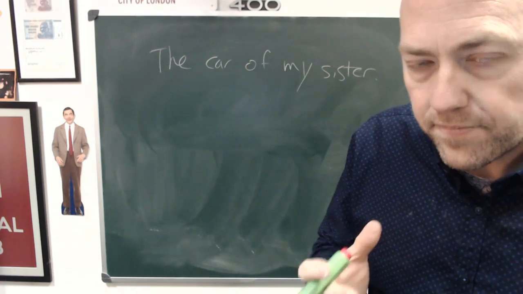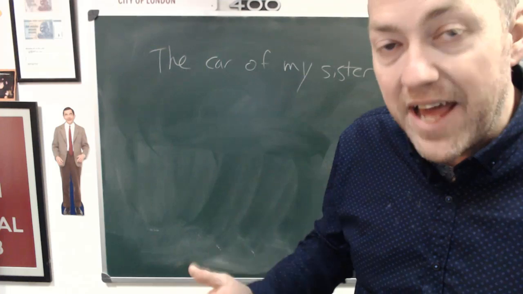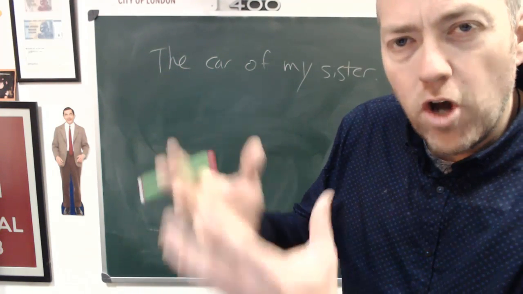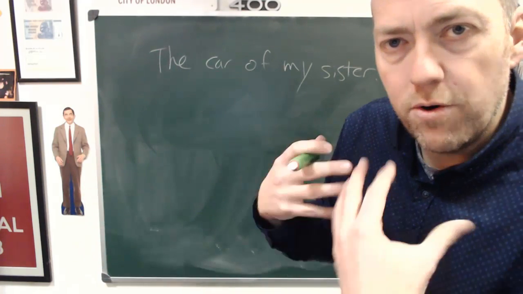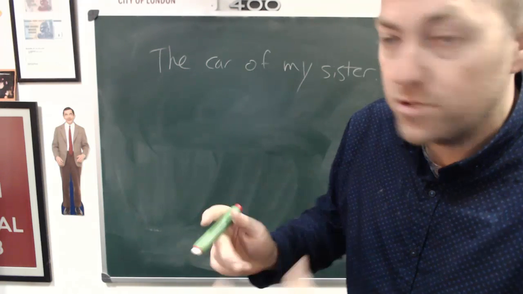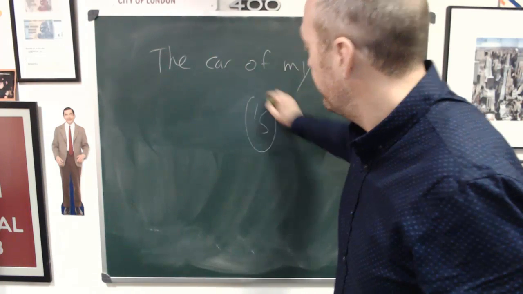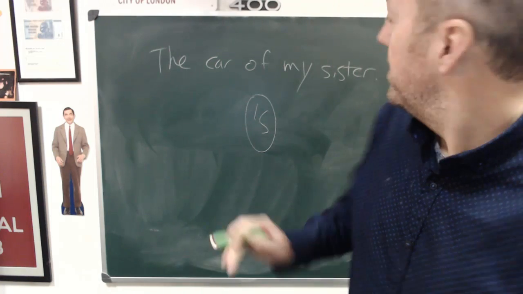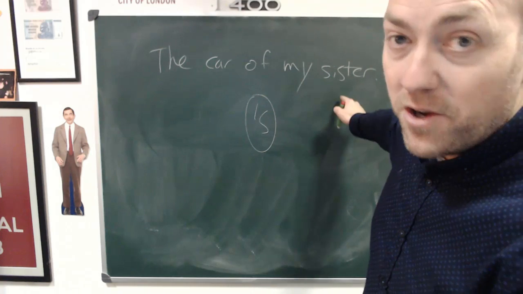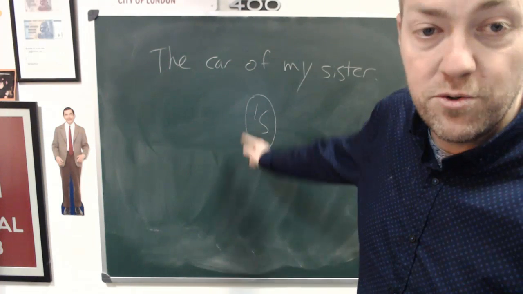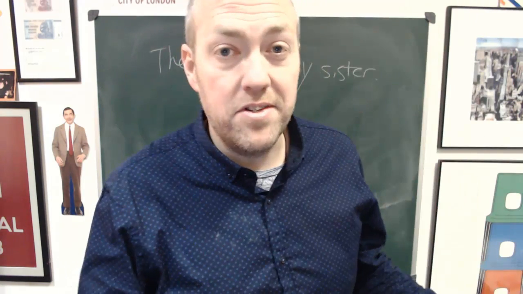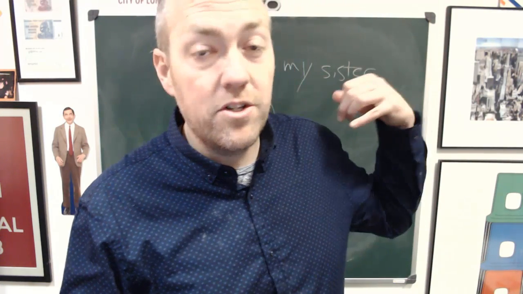Now, this doesn't sound natural in English. Why? Because if an object belongs to a person, we prefer to use the apostrophe S. Here the sister is a person, so we prefer the apostrophe S. But if it's not a person, then you can use the construction like this.